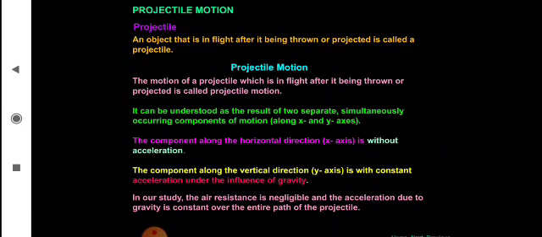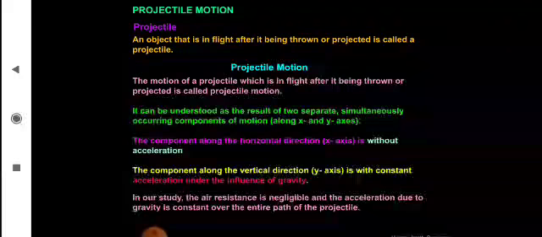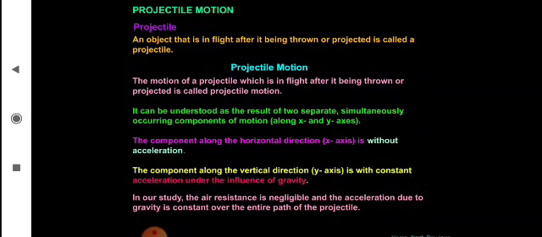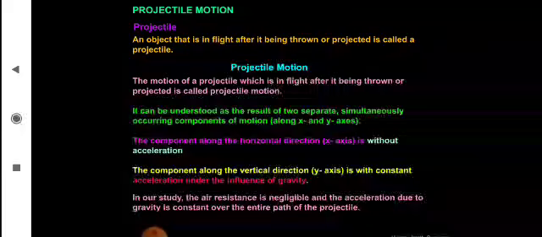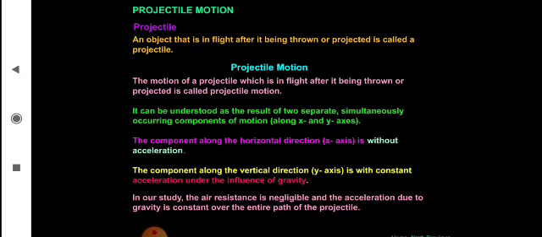The velocity with which the object is projected is called the velocity of projection. So the path traveled by the projectile is called trajectory, or it is also called a parabola. The velocity with which the object is projected is called velocity of projection.